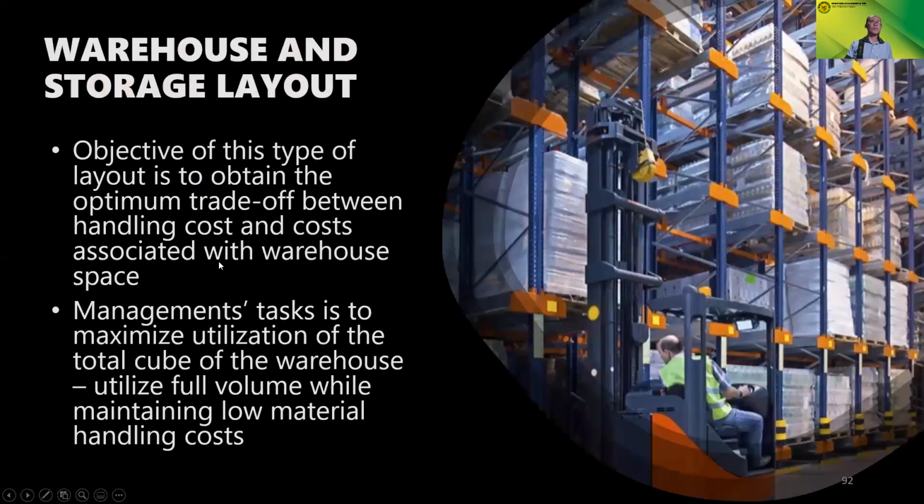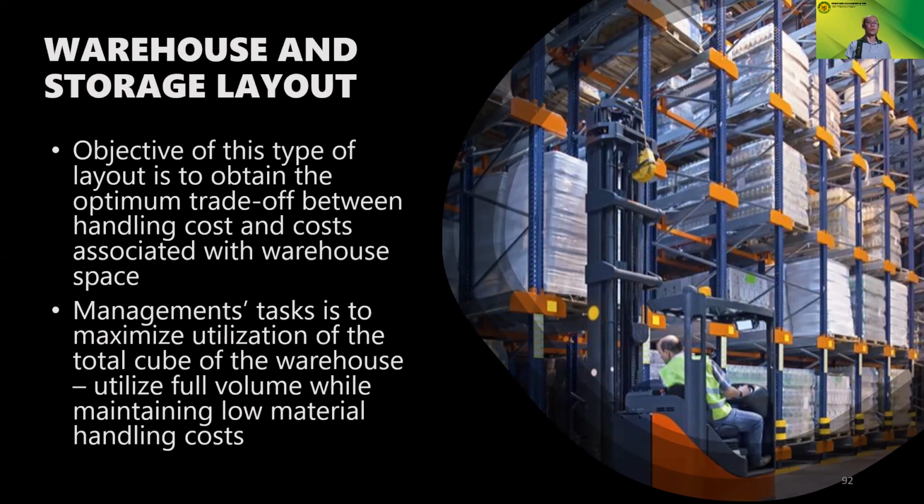The fifth type of layout is warehouse and storage layout. Warehouse layout is a design that attempts to minimize total cost by addressing trade-offs between space and material handling. Hence, the objective of this type of layout is to obtain the optimum trade-off between handling cost and cost associated with warehouse space. Consequently, management task is to maximize utilization of the total cube of the warehouse.